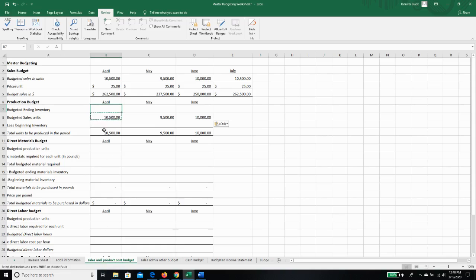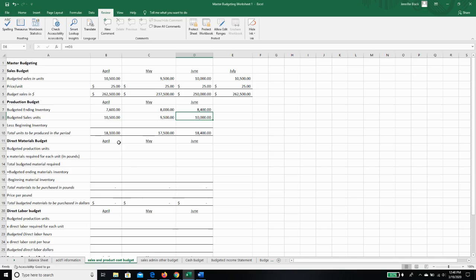All right, so my budgeted inventory is next month's expected sales units, which is 9,500 for May, times 80%. And I'm going to do that. So for May, my ending inventory will be June's expected sales units times 80%. My June budgeted ending inventory is July's expected sales units times 80%.